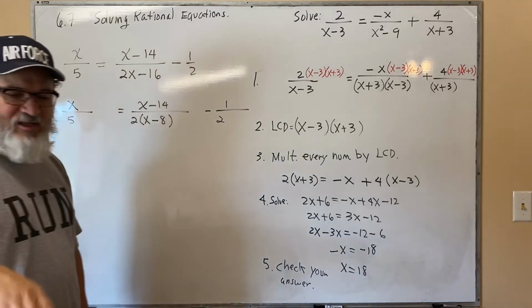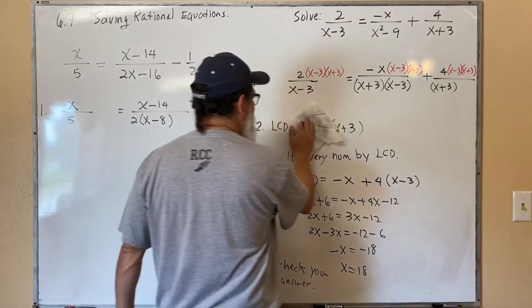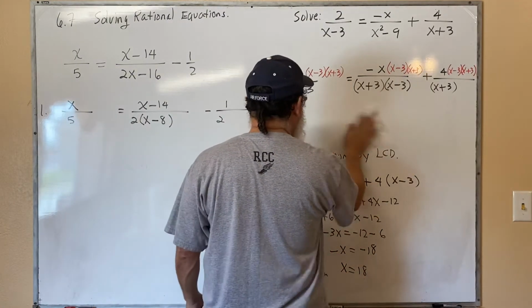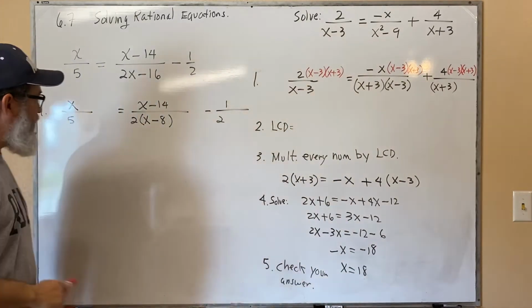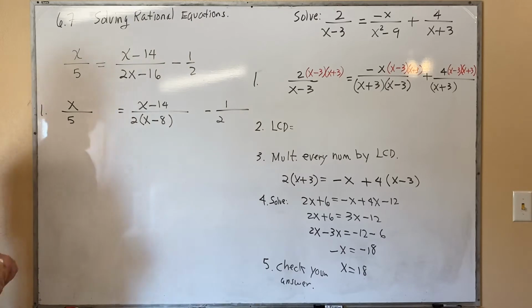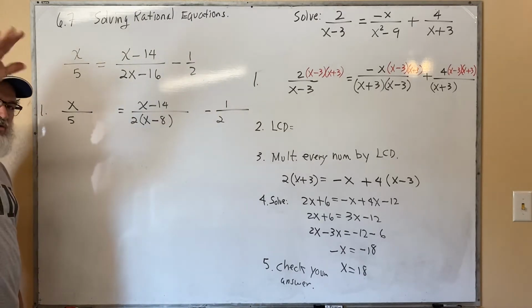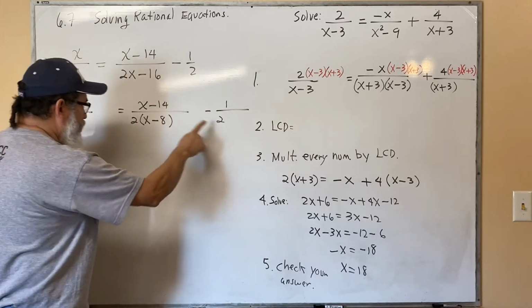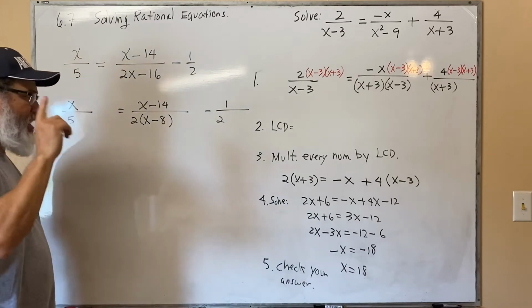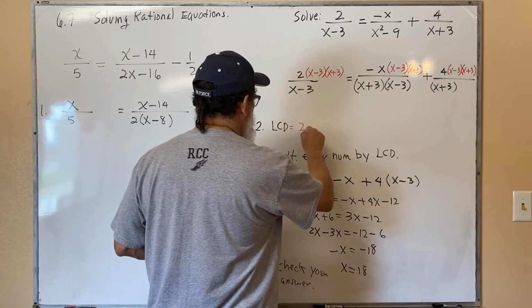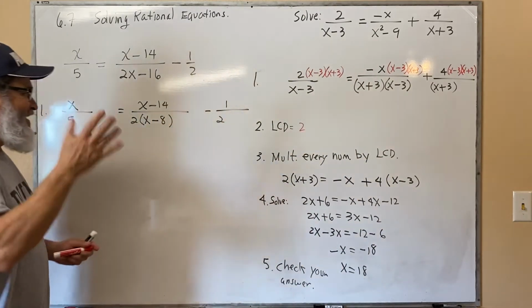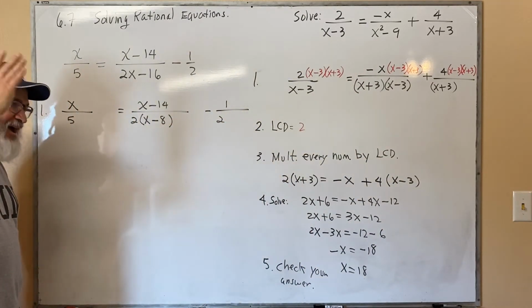Step number 2, find the LCD for this problem. Start with 2. How many times do we take 2? Go there or there, not both. One time. How many times do I take 5?